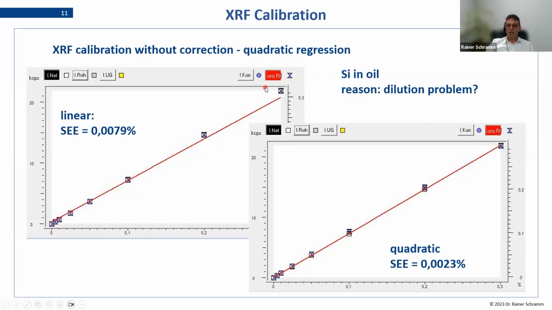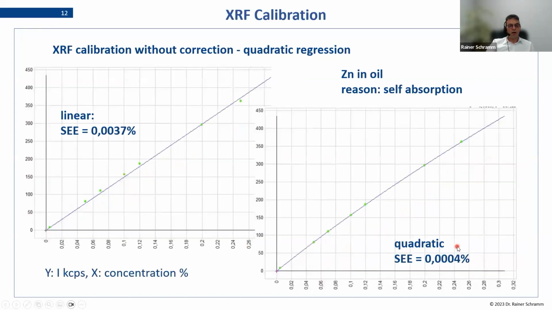There is no real explanation for this, so it must be the sample which behaves like this. It could be either a dilution problem, or the silicon could be sticking a bit to the wall of the sample cup so that we don't see all the elements. But there is no real explanation, and then you have to be really careful in using this. But here you see the effect. If you use a quadratic approach, you have about a factor 3 better regression line.